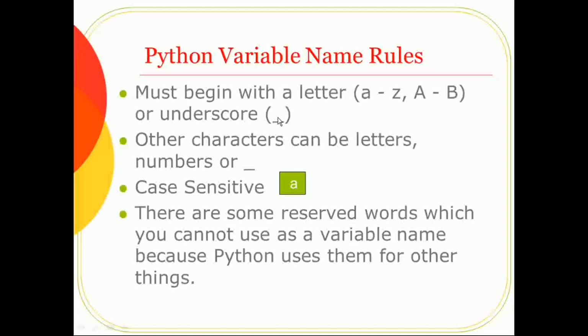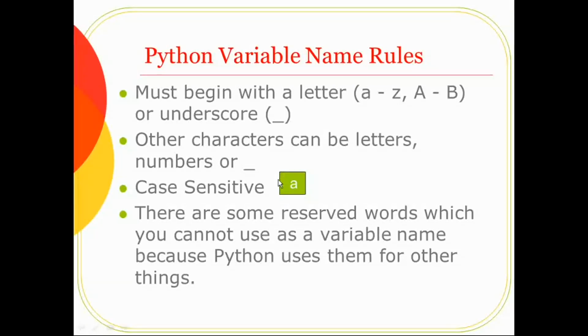So, as you understood, only underscore can be used in variables. You cannot use any symbol like asterisk, question mark, or exclamation mark. Only underscore can be used. Also, the first character of a variable cannot be a number.